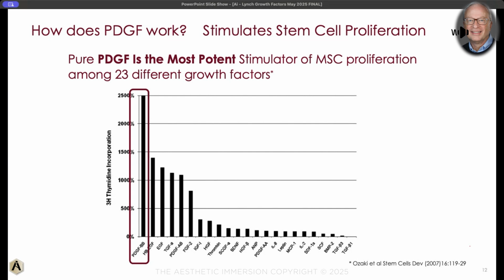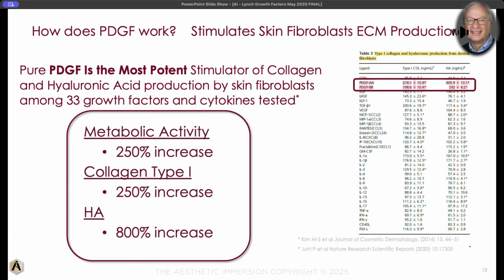Next slide. Is this PDGF BB? Yes. Okay. And Lori, that's a great question, because this study showed that PDGF was the most potent stimulator of collagen and natural hyaluronic acid production in skin fibroblasts among 33 different growth factors and cytokines tested.